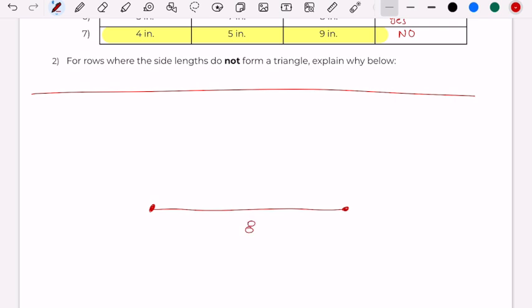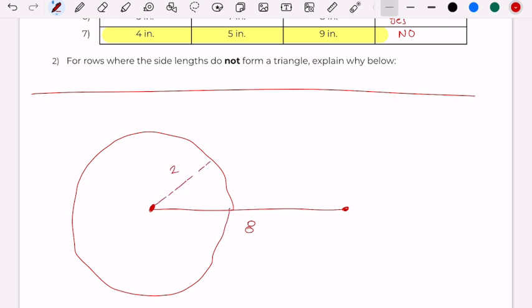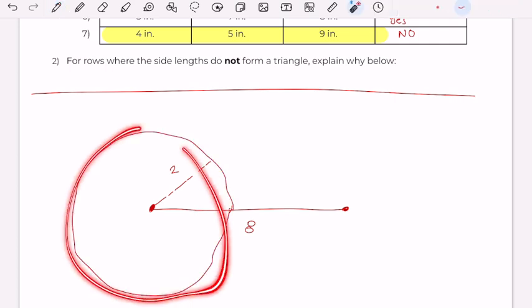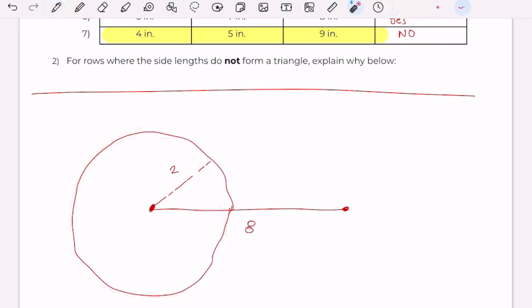On one endpoint, I stab my compass and I draw a circle of radius 2. Every point of that circle, which I drew horribly, is at a distance of 2 from the endpoint.